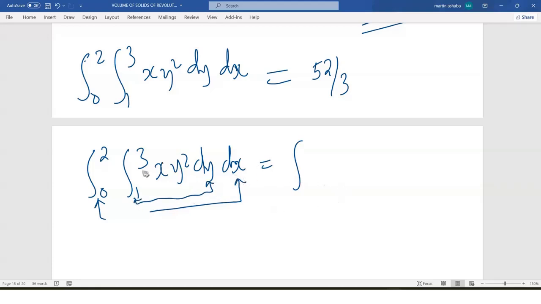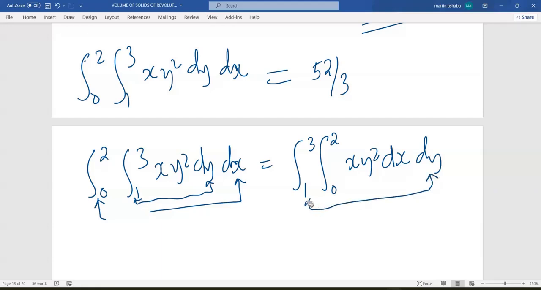So if I put the limits for y as 1 to 3 on the outside, then 0 to 2 inside, whatever I put inside will be x y squared with respect to x now, then with respect to y, so that we maintain this one with respect to y and this one with respect to x. If we evaluate this, it will still lead you to this.